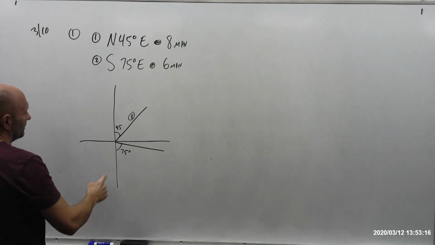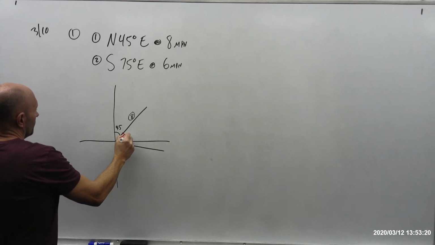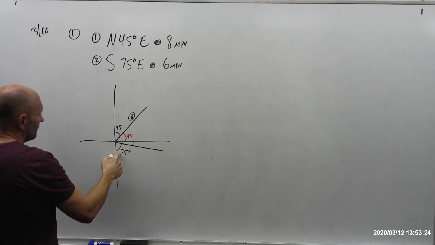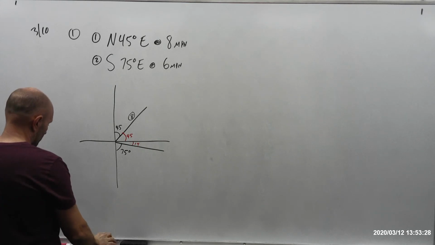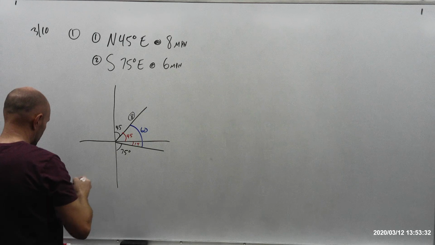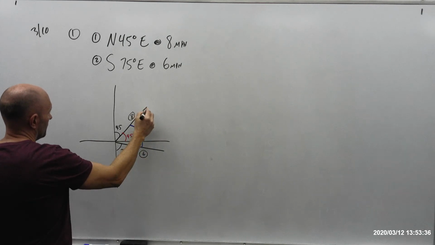So the picture looks like that. The angles have to touch the y-axis. So inside here is 45, 90 minus 45. Inside here, 90 minus 75 is 15. So the entire angle between these two is 60 degrees. And again, this one was 6 miles per hour.